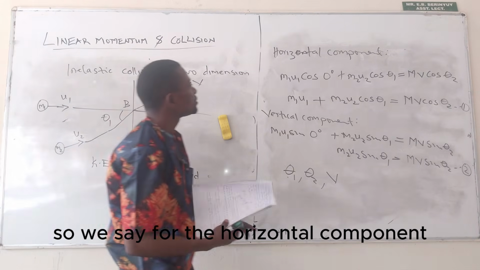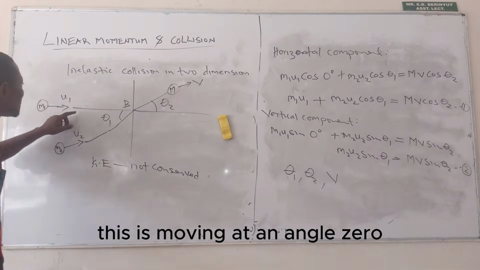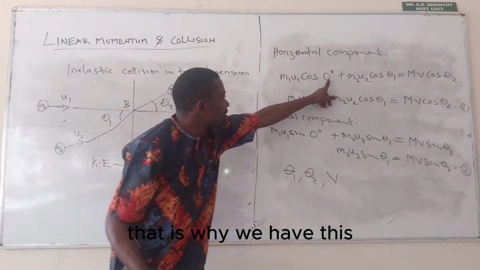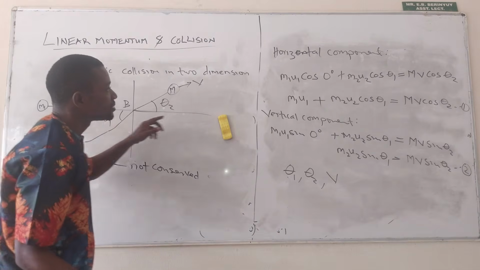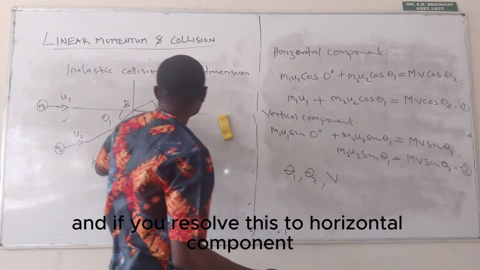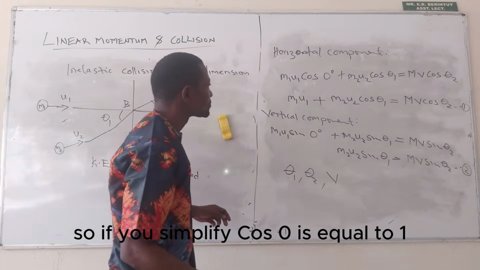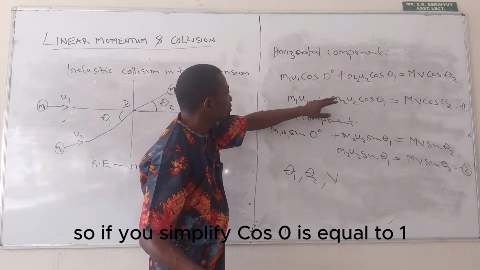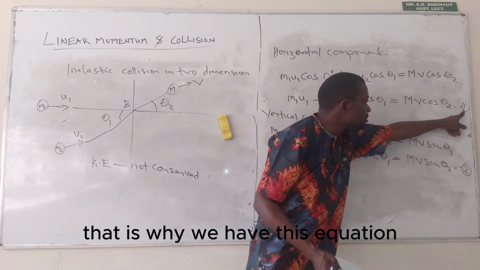So we say for the horizontal component, if we resolve, remember this is moving at an angle 0. That is why we have this. So if you resolve this into horizontal component, you have this expression. And if you resolve this to horizontal component, you have this expression. So if you simplify, cos 0 is equal to 1. 1 times this, you have this. That is why we have this equation 1.